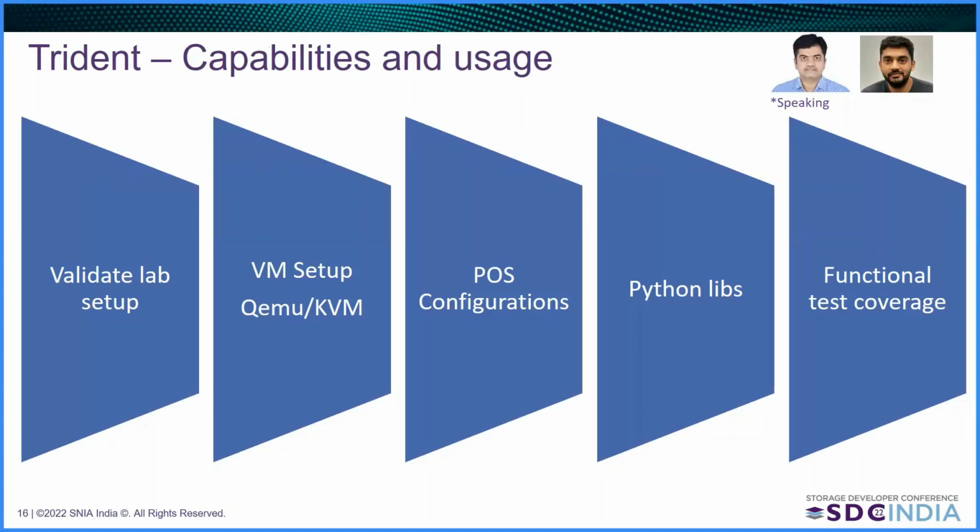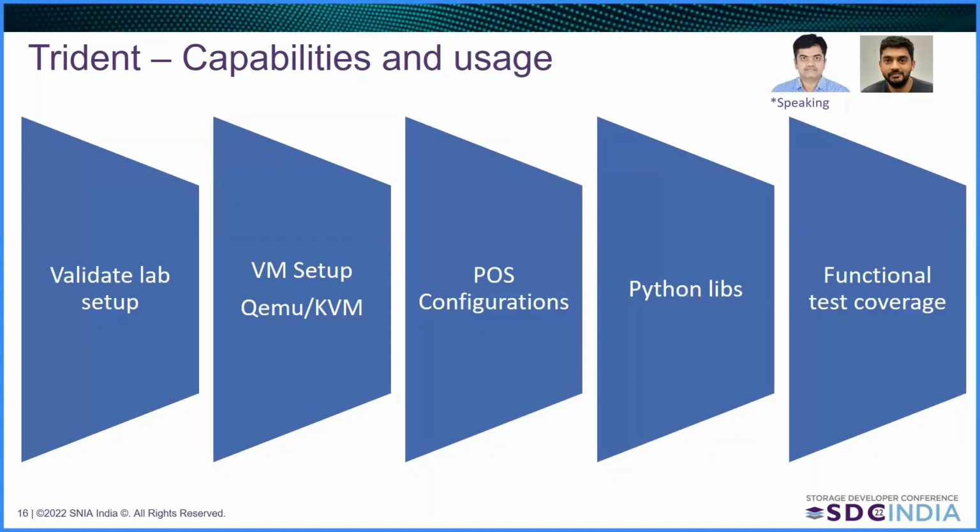To begin the test, we need to be at a particular stage. If we want to exercise volume operations, we can create the array and start our test from there. Those configurations can be provided using the config files given in the Trident test tool.